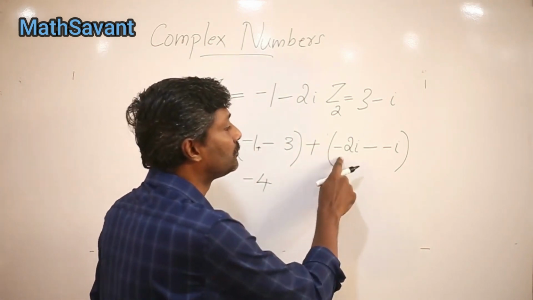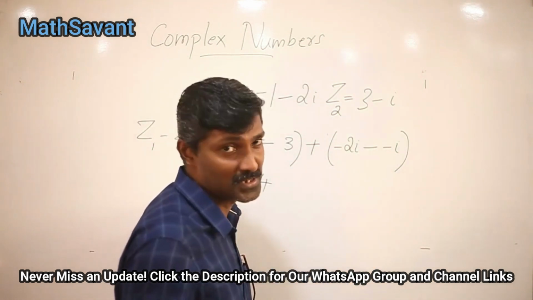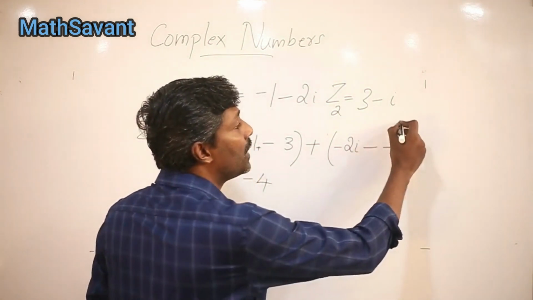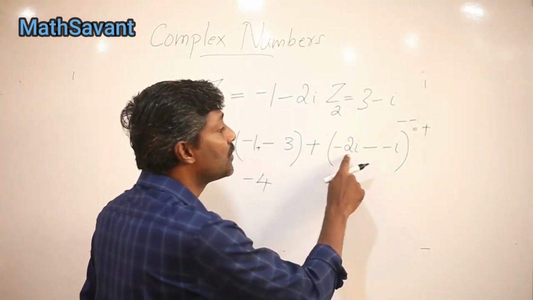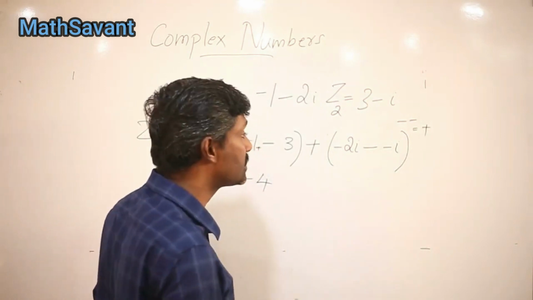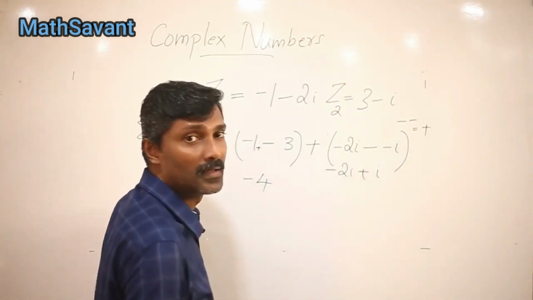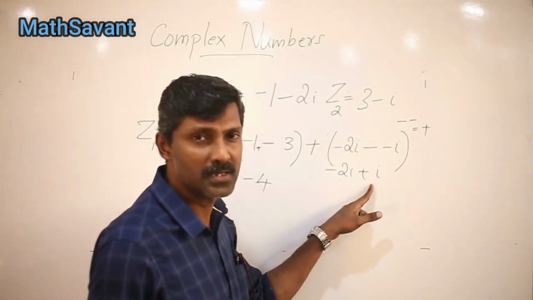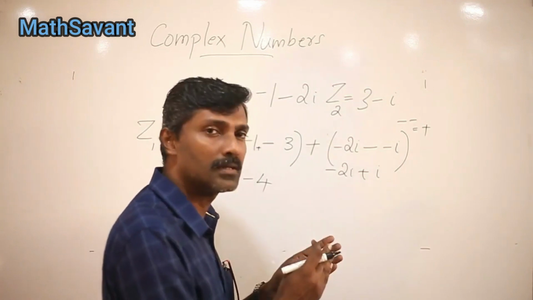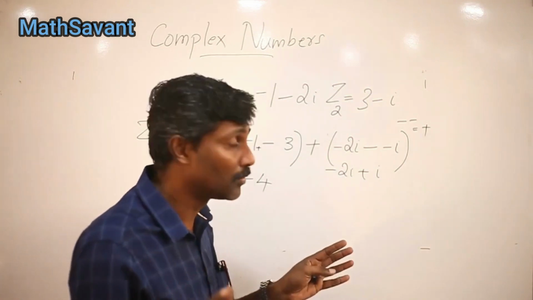And then here also, you have minus of a minus number, which is plus. Always remember, minus of minus is equal to plus, right? So minus 2i minus of minus i means this is minus 2i plus i. So here one number is negative, the other number is positive, and if one number is negative and the other number is positive, you always have to find the difference, not the addition. Okay?